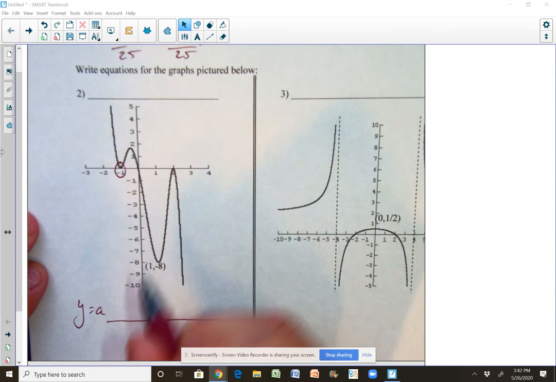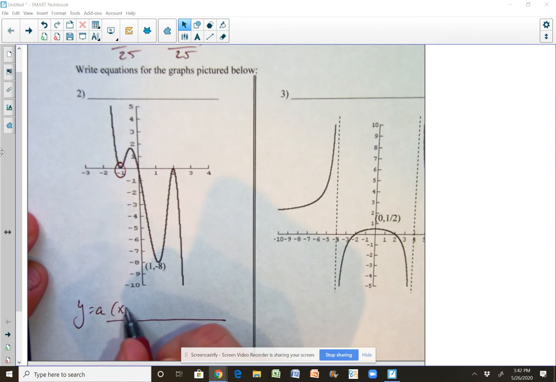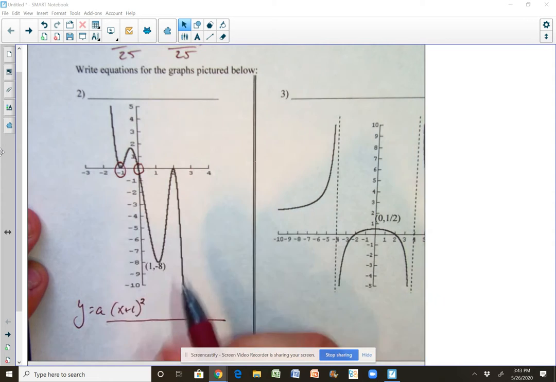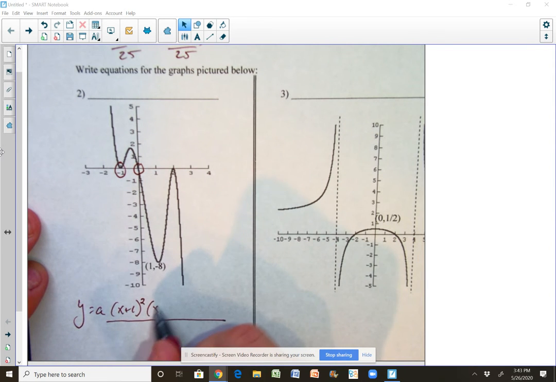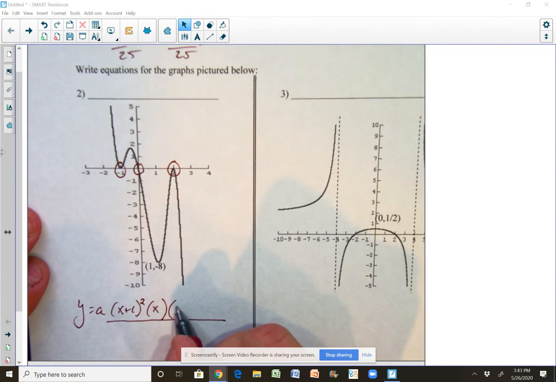So there's one of the roots. It's a double root because it bounces off. So that's going to be an x plus 1 squared. Here's another root at the origin, and it goes straight through, so that's a single root. So it's like x minus 0 or just x. And then here's a third x-intercept, and that's going to be, again, a double root since it bounces off, so x minus 2 squared.